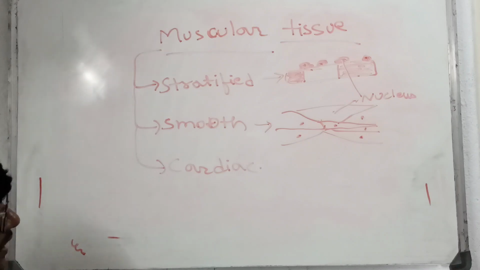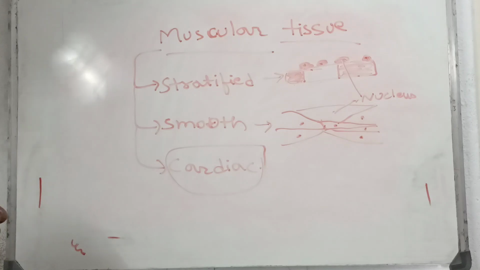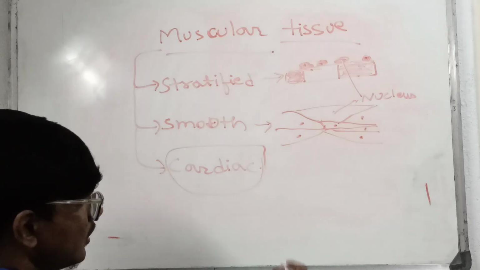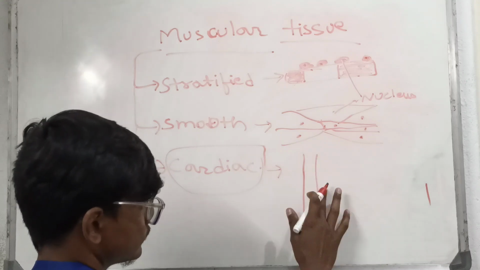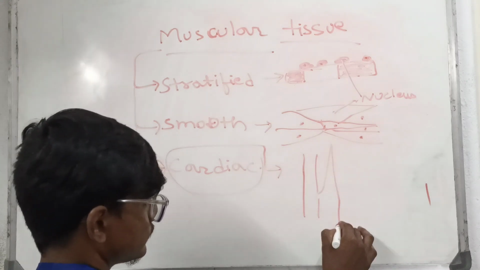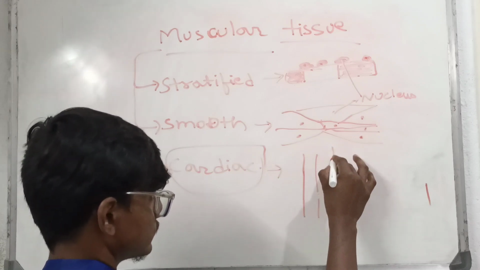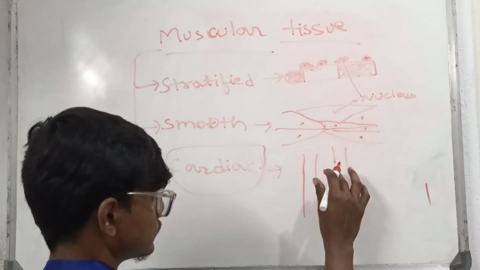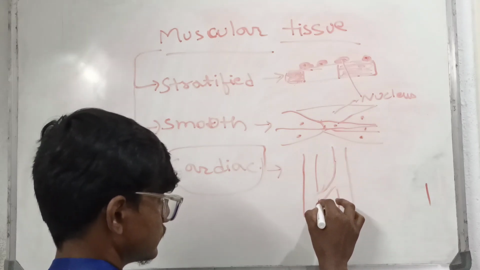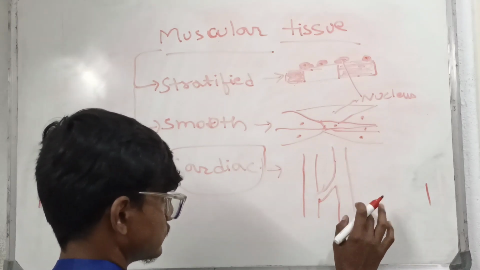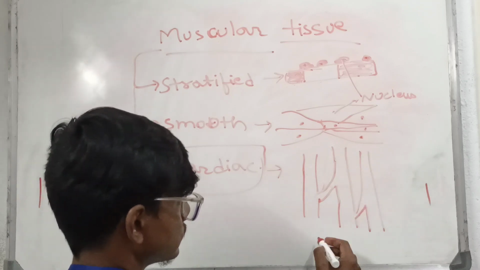Okay, third is the cardiac. Cardiac, by the name only you can say where it will be present. It is present in the heart. So the diagram will be like this.